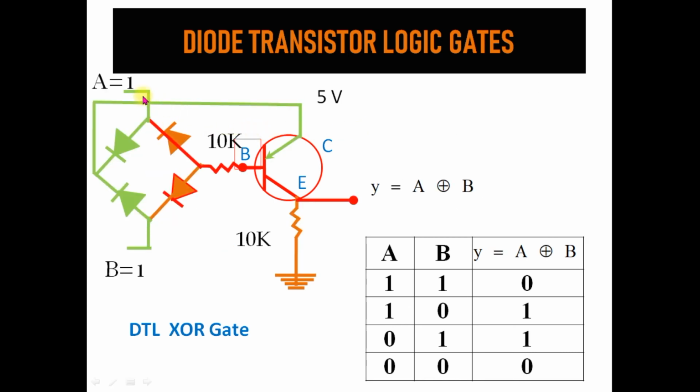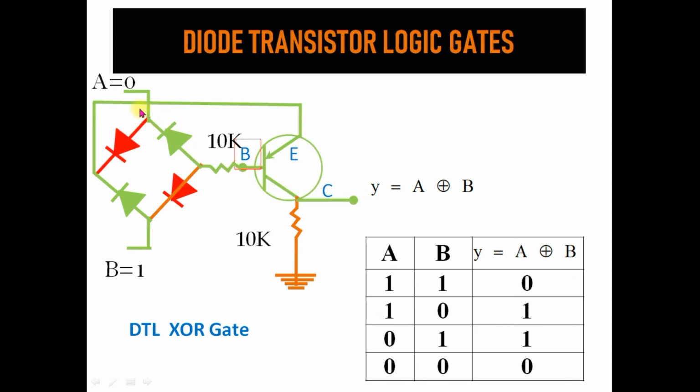Here, if A is equal to 1, B is equal to 1, then these two diodes are in forward bias, then this current or voltage comes up to the collector, then there is no base current, there is an incomplete path for the flow of current, so the output is 0.